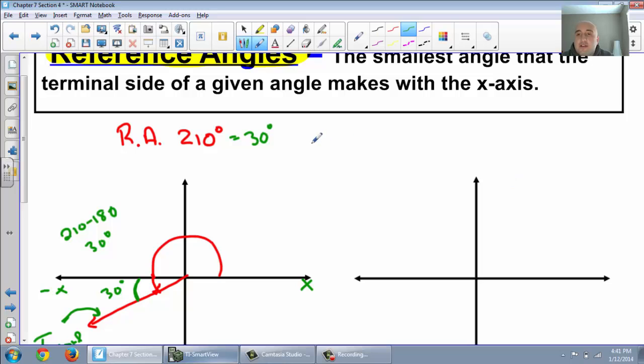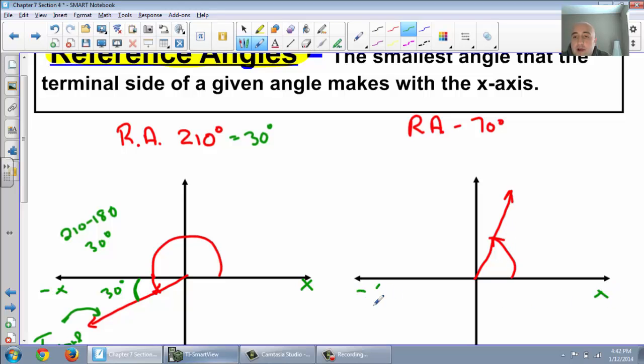All right, so now let's find the reference angle of, let me just make one up here, 70 degrees. Let's find the reference angle of 70 degrees. Okay, so I'm going to draw 70 degrees first. It's kind of ugly, but that's all right. So now the reference angle is the distance from the terminal side, which is that last line, to the nearest x-axis.